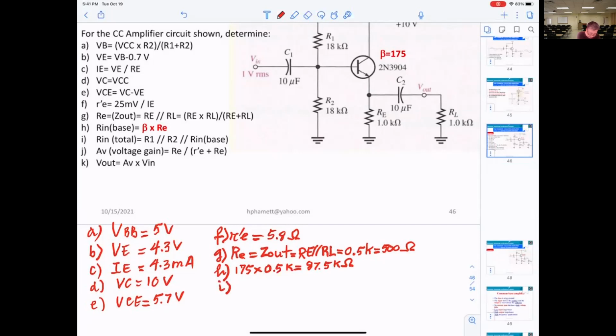Are in total. Okay, they will be R1 parallel R2 parallel R in base.